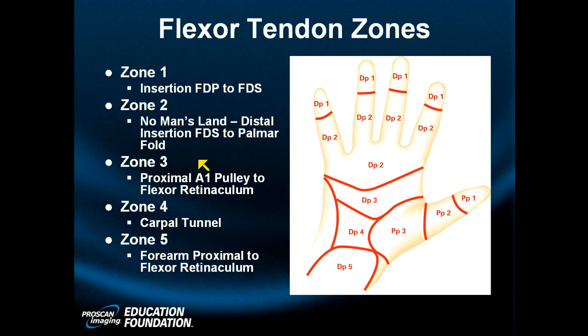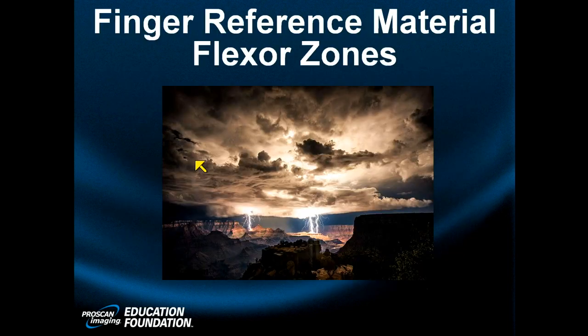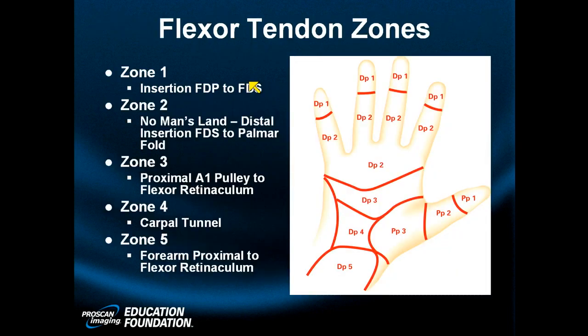So this is here as a reference. I didn't talk about it yesterday because I didn't want to scare the daylights out of you. But when you have soft tissue and flexor and extensor injuries, they are characterized by bone or no bone, where they come off of, and what zone they retract to.